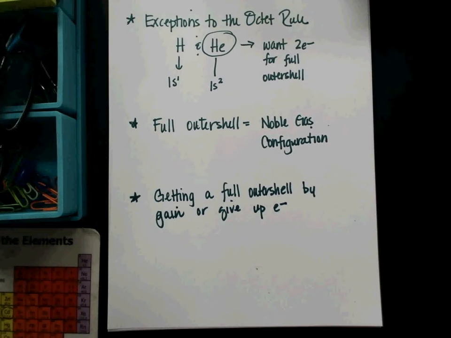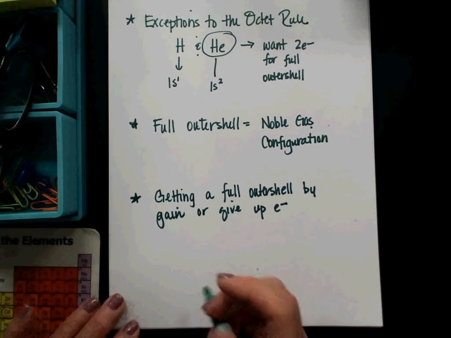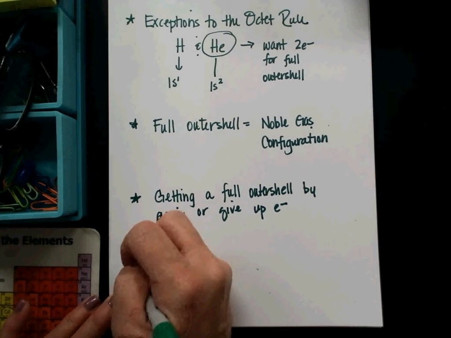No? Oh, Lana? Atoms are supposed to stay neutral. If I give up my electrons or I get some extra electrons, am I neutral? No. What do I become? An atom with a charge.